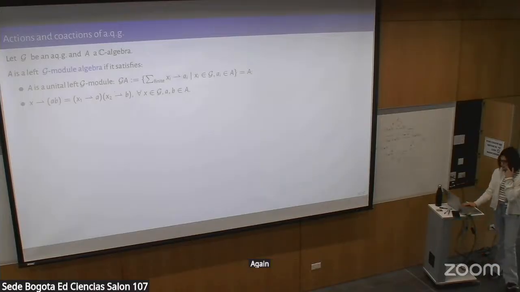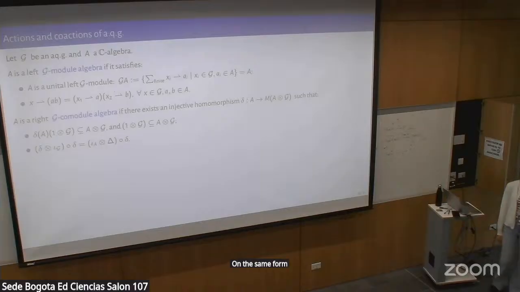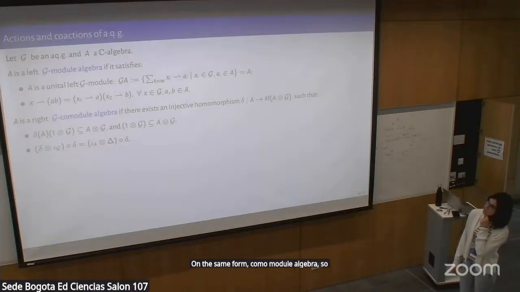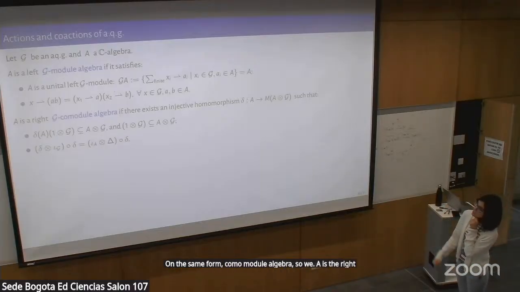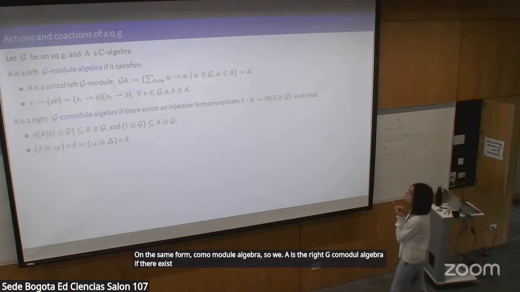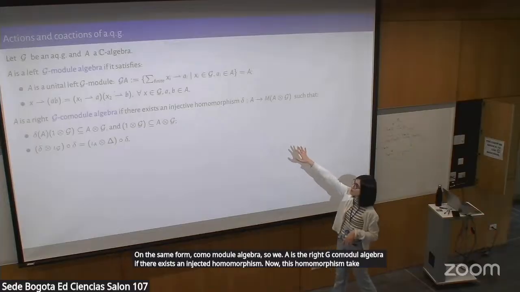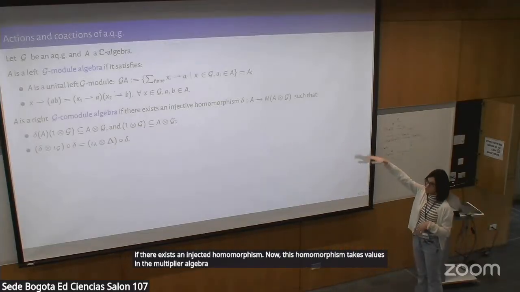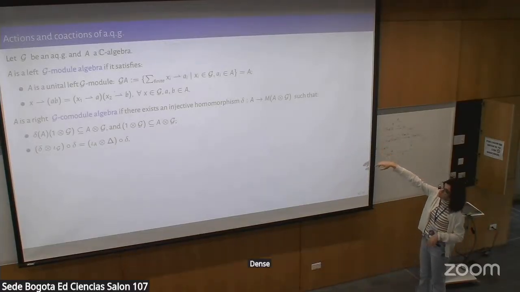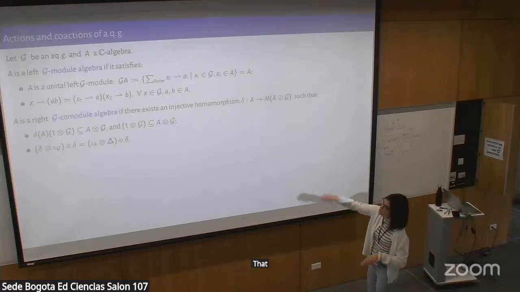Again, we are using Sweedler notation for the computation. And the same for comodule algebra. So A is a right D comodule algebra if there exists an injective homomorphism. Now, this homomorphism takes values in the multiplier algebra of the tensor product, not just the tensor product, okay? That verifies those conditions.